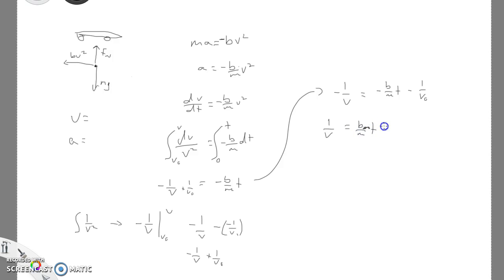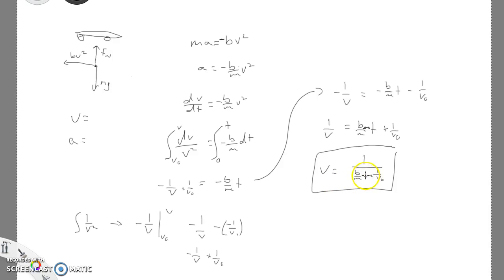Okay, and then finally we're going to take the inverse of everything so we can solve for v. So v is equal to 1 over b over m t plus 1 over v naught. Okay, and that would be our function for velocity.